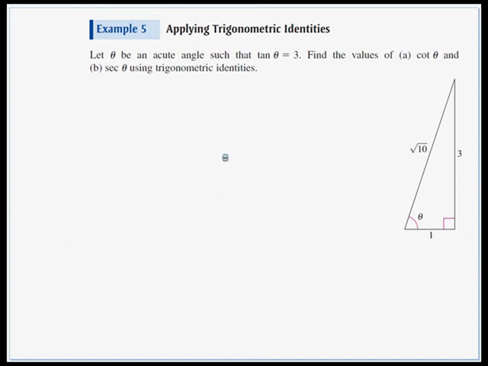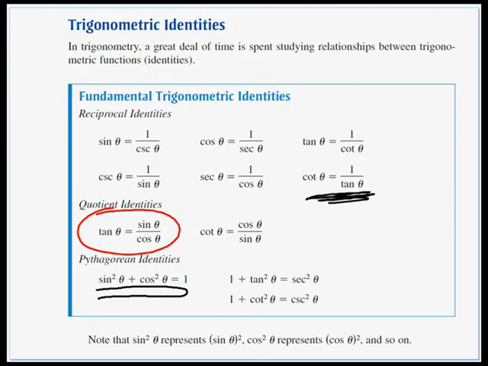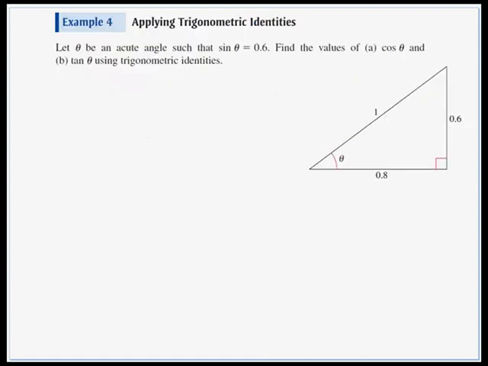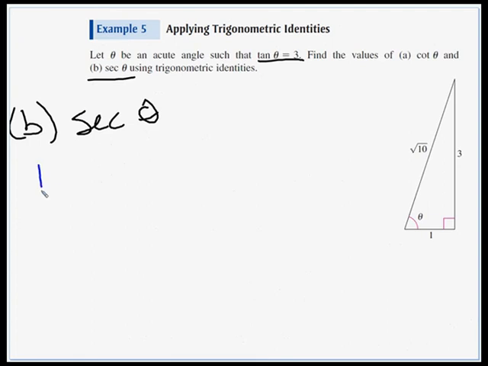For part B, part B says find secant. We want to find the secant of theta, and we have tangent was given, and we found cotan. So we need something that ties secant and tan together. Aha. Right here we have 1 plus tan squared equals secant squared.